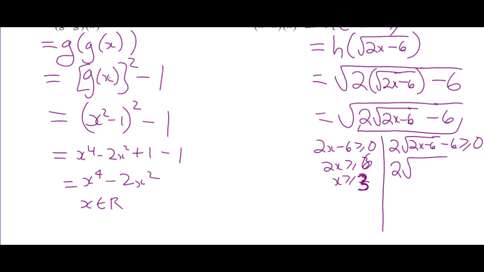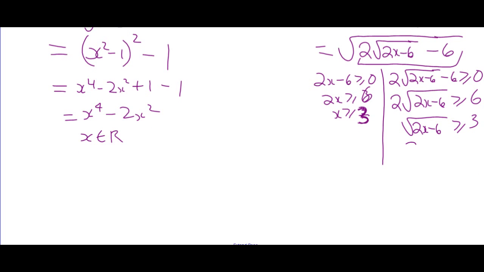Hmm, 2 times the root of 2x minus 6 has to be greater than or equal to 6, which means the root of 2x minus 6 is greater than or equal to 3. So we square both sides, so that 2x minus 6 has to be greater than or equal to 9, and 2x is greater than or equal to 15, and x is greater than or equal to 15 over 2. So who wins?